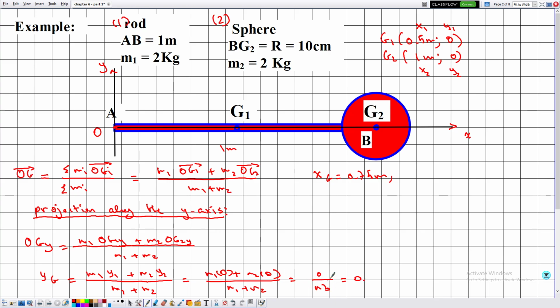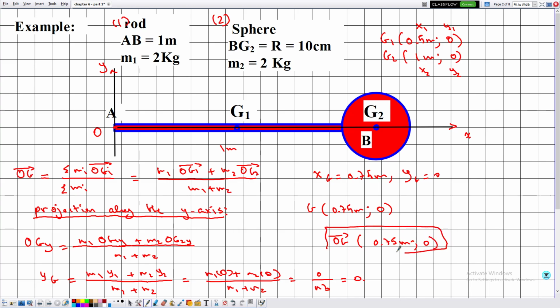Okay, 0 divided by any number is 0. So in this case, y_G is equal to 0. Then the coordinates of the point G, which represents the center of mass of this system, are 0.75 meters and 0. So in vector notation, OG is given by 0.75 meters and 0.